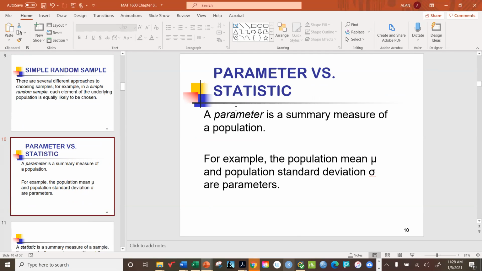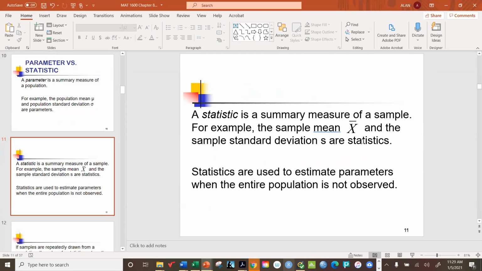The word parameter represents a summary measure of a population. And we've already seen these before. The population mean mu and the population standard deviation sigma are examples of parameters because they represent the properties of a population. Then we have the formal definition of a statistic. A statistic is a summary measure of a sample.